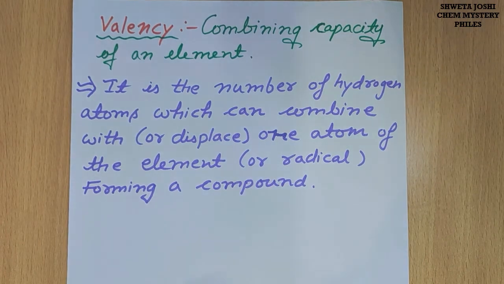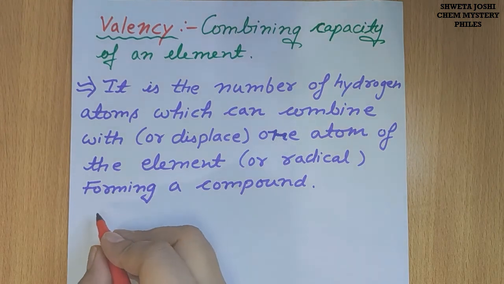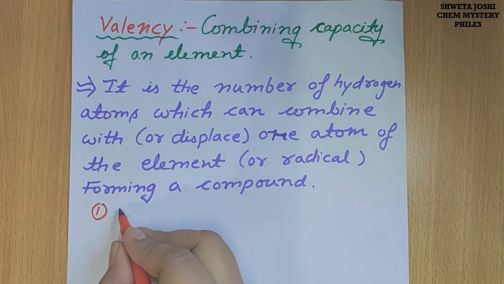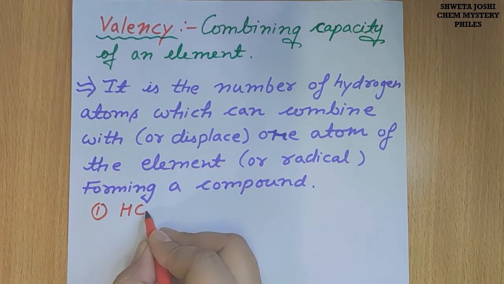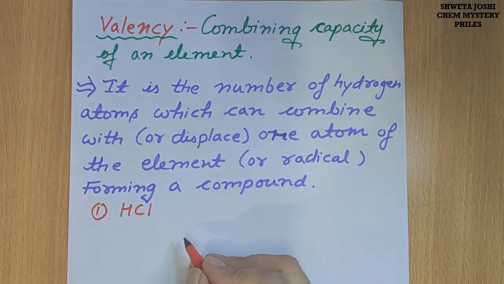Now, taking up an example, HCl, that is hydrogen chloride. If it is in the gaseous state, it is hydrogen chloride, and if it is in the liquid state, it is hydrochloric acid.